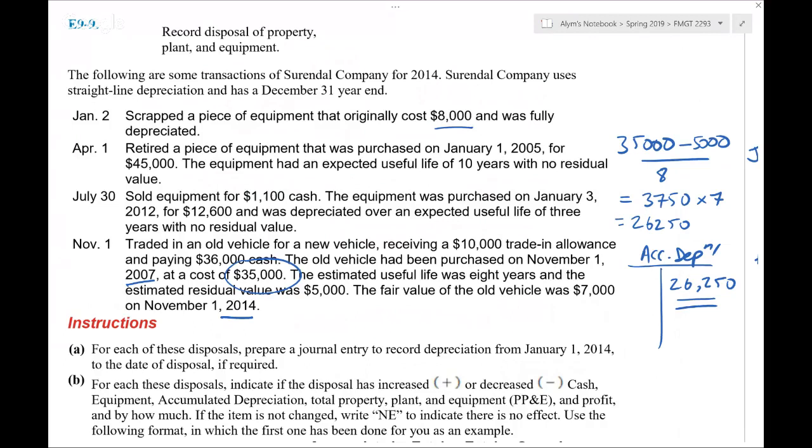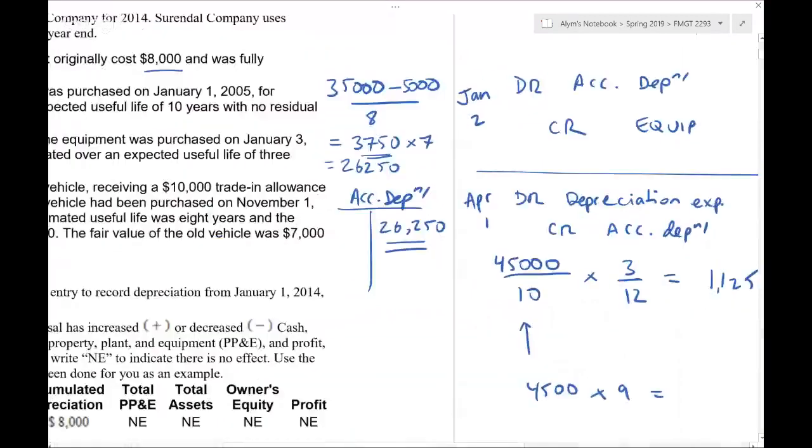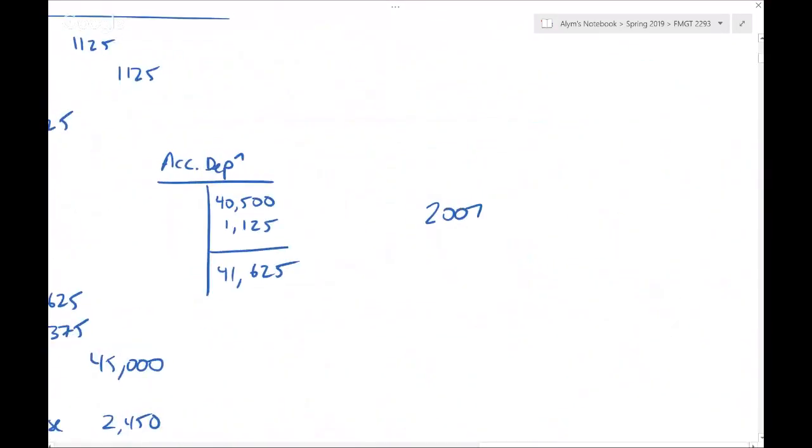I'm going to walk through that one more time just to make sure that that's completely clear. Our depreciation expense per year is $3,750. In 2007, so again, going back here to 2007, we bought the asset on November 1st. So between November 1st and December 31st, 2 months go by.